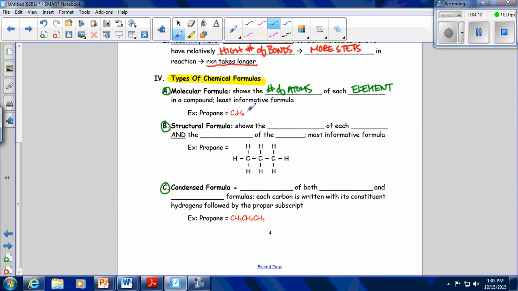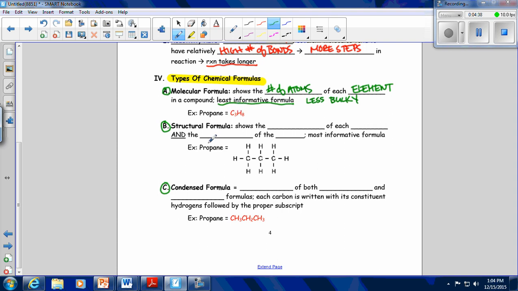This is the least informative formula. It's less bulky, no doubt about that, but it doesn't provide a ton of information. An example would be propane gas. The formula tells you that there are 3 carbon atoms and 8 hydrogen atoms. So that's the molecular formula.